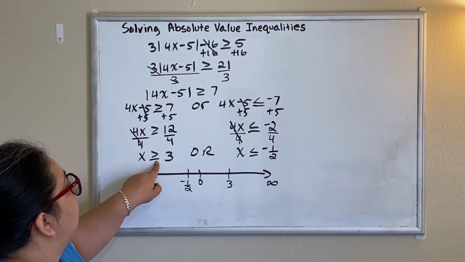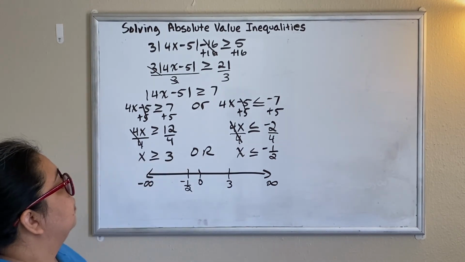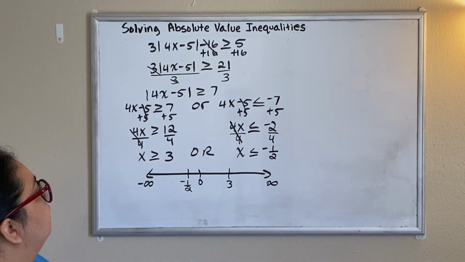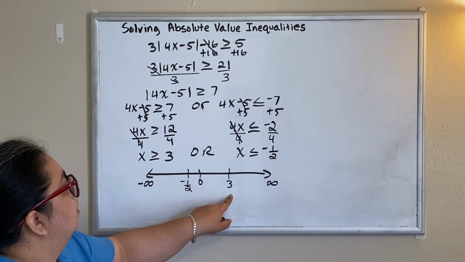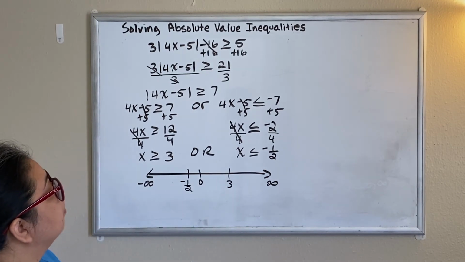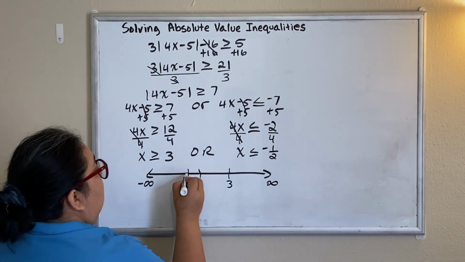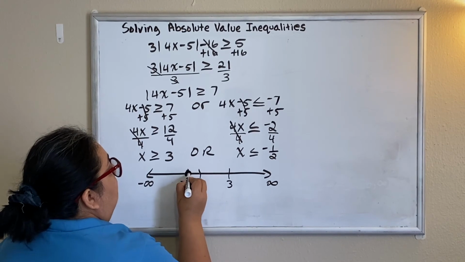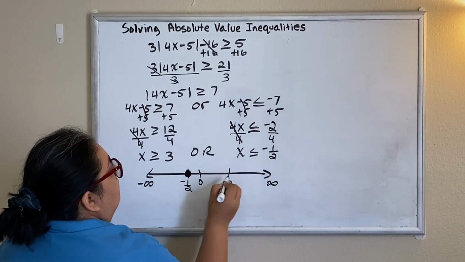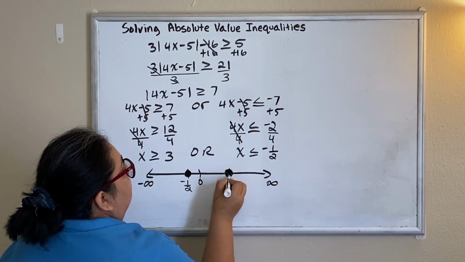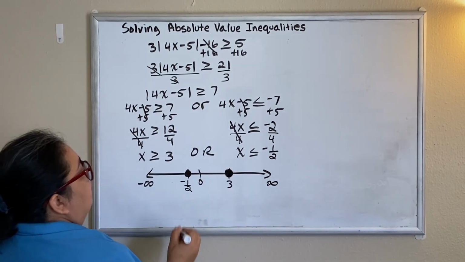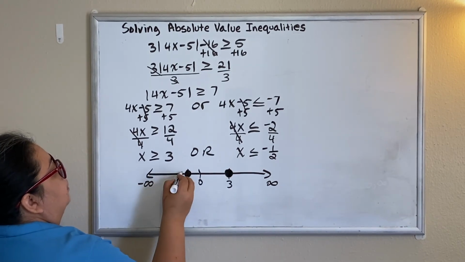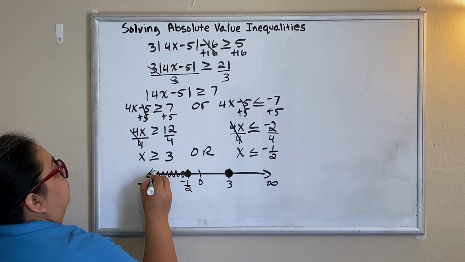This is greater than or equal to. This is less than or equal to. So my points are going to be closed. So this time, these are not open. We're going to bubble these in. Now this is an or statement, so we're going to shade on the outside.